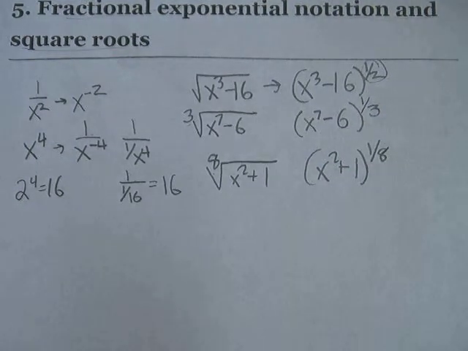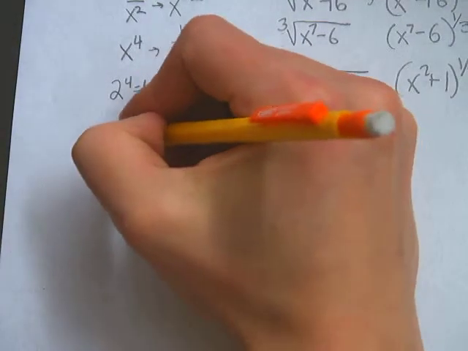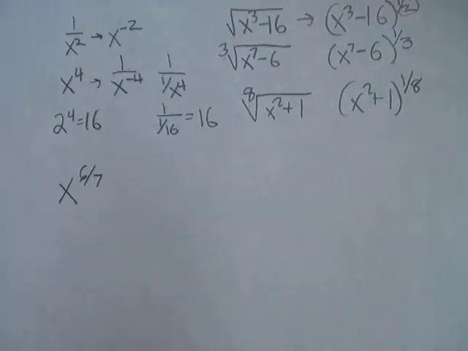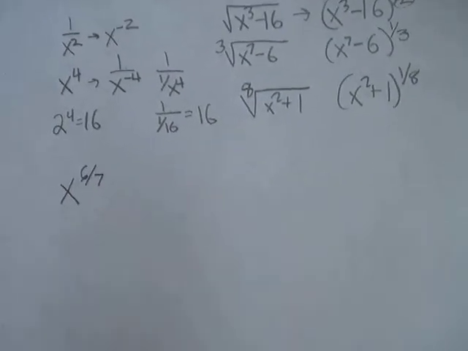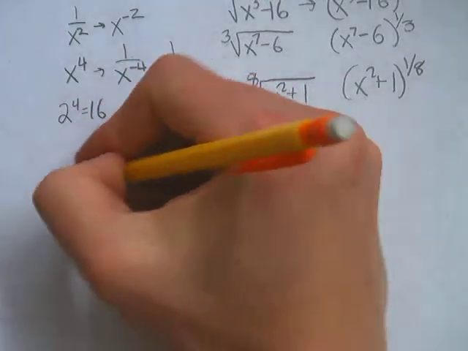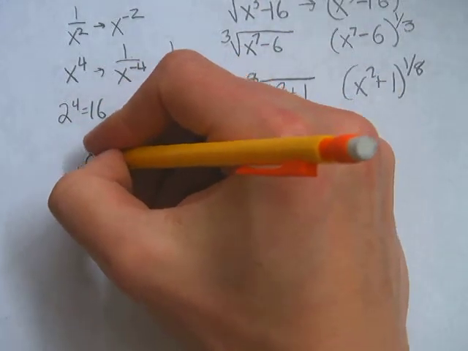But we don't just have 1 over sort of situations. A lot of times in calculus we have stuff like x to the 6/7. And if I want to go backwards and write the function in a form with roots, I need to understand what these numbers are. So this means I'm raising it to the 6th power, and this means I'm taking the 7th root.